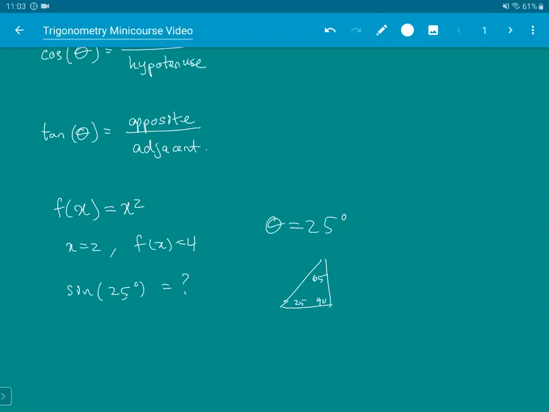That's a problem with these trig functions, which is that you don't necessarily know the values at a specific angle. So it is hard to compute sine of theta, and the same thing goes for cosine of theta and tangent of theta at a specific theta.